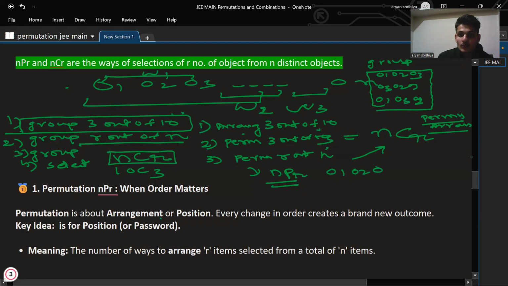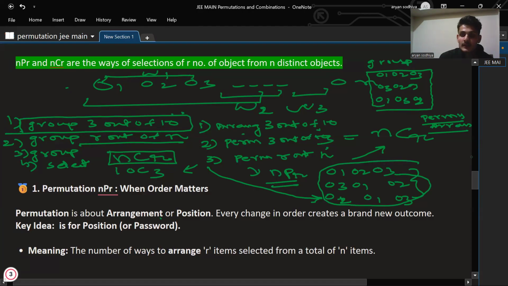Like O1, O2, O3, and O3, O1, O2, and O2, O1, O3. These three are treated as different in nPr because here there is arrangement. In nCr, these three are treated as only one, so the count is reduced. In nPr, the count is increased by r factorial times.